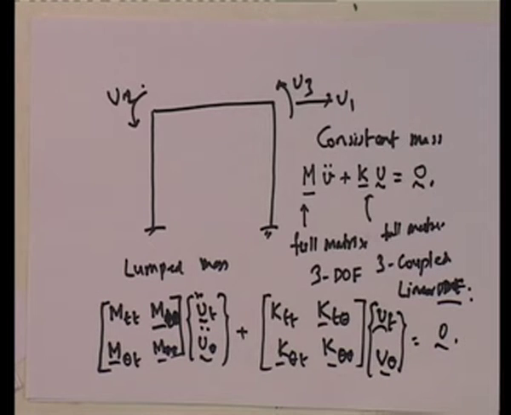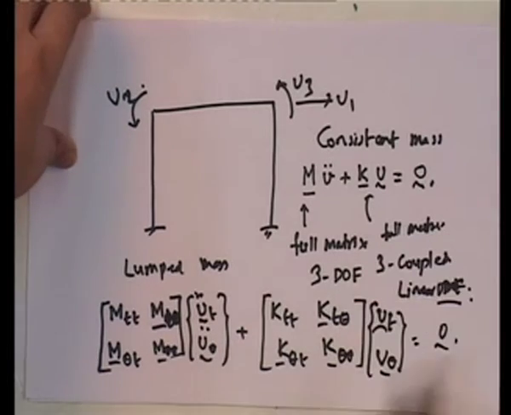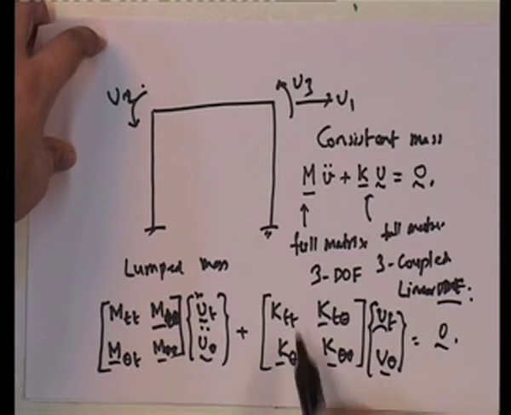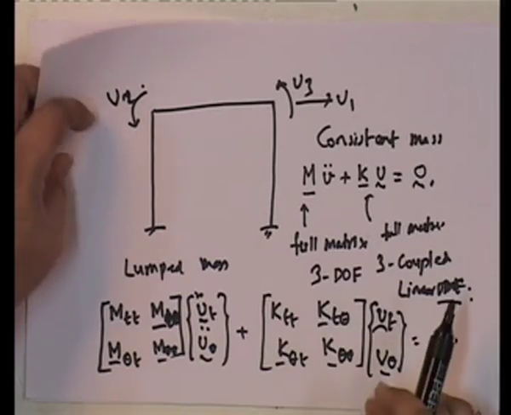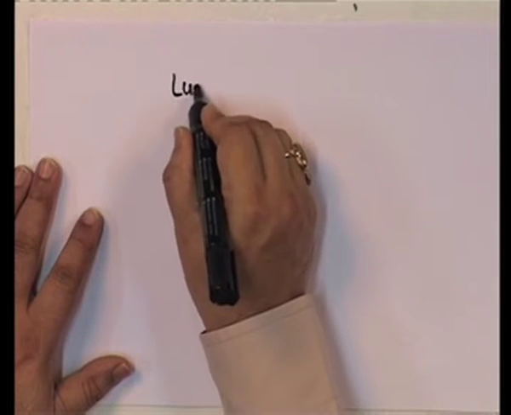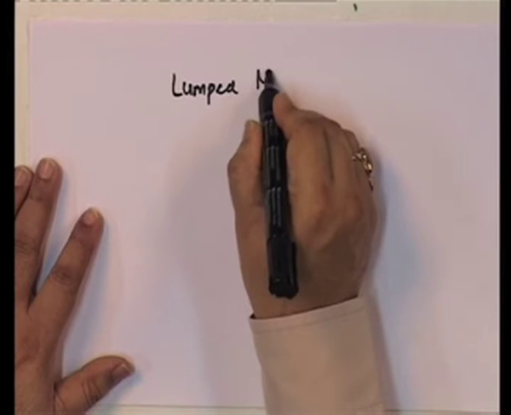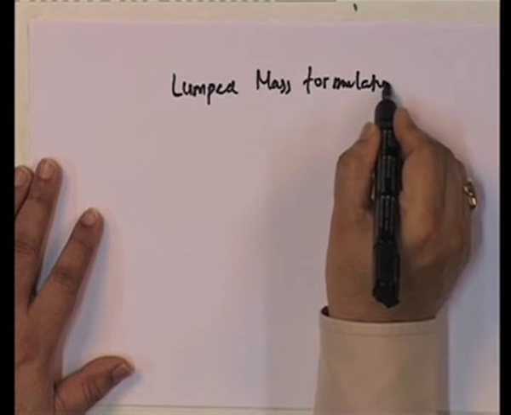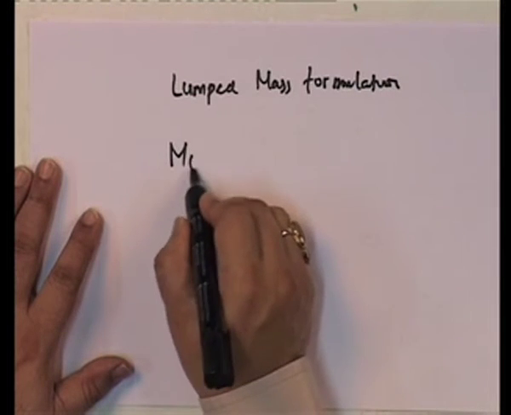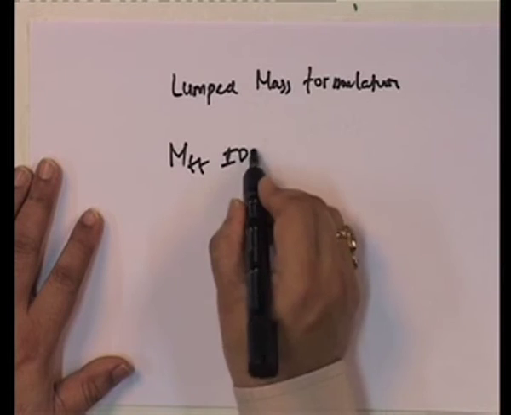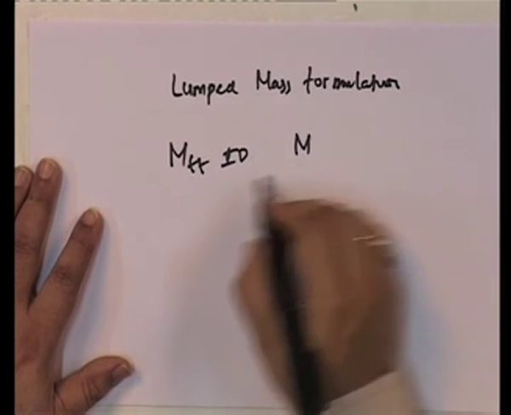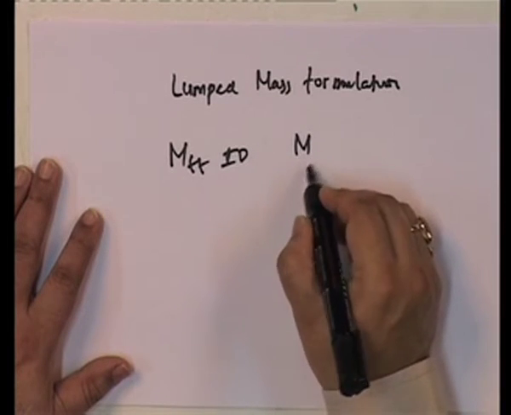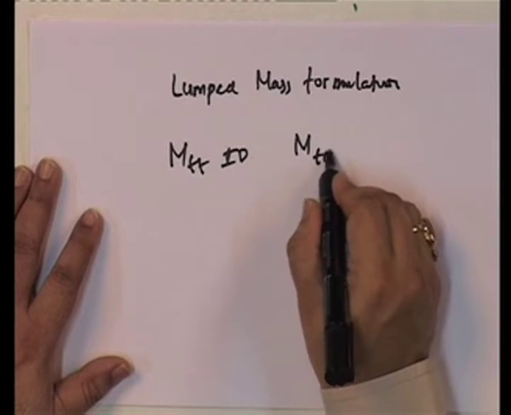Now, this is what I have, and in the consistent mass all of these are full, so you can't do anything. But in the lumped mass formulation, what happens? M t t is not equal to 0, but in this particular case, what is the size of m t theta?